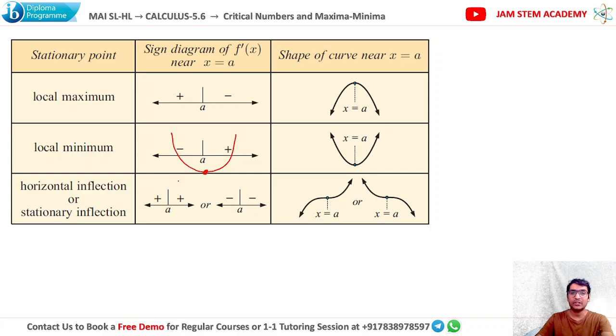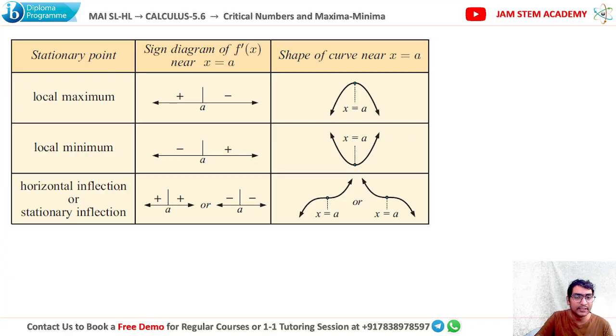But if it is not changing its sign, it was positive earlier, then again positive, meaning it keeps increasing but changes the concavity, or it was decreasing first, then again it is decreasing. So again here concavity is changed, but nature is the same, right?